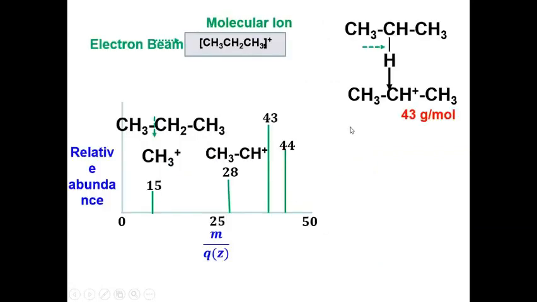Here I can say suppose one hydrogen is released, there is a possibility of release of a proton from this propane molecule, and we will get fragmentation of the molecule at 43 gram per mole.